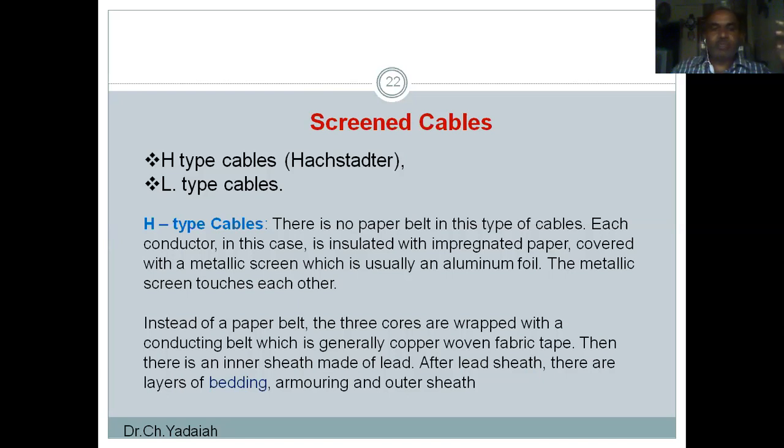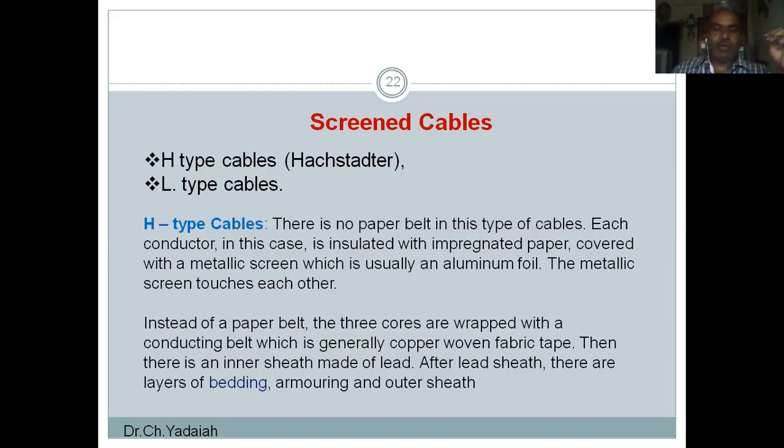That means instead of a paper belt, the three cores are wrapped with a conducting belt, generally copper woven fabric tape. Then there is an inner sheet made of lead. Lead is the material generally used. After the lead sheet, there are layers of bedding, armoring and outer sheet.